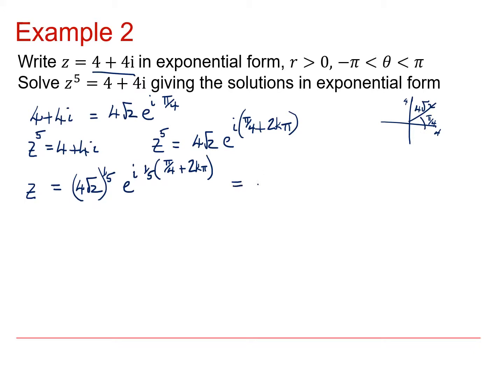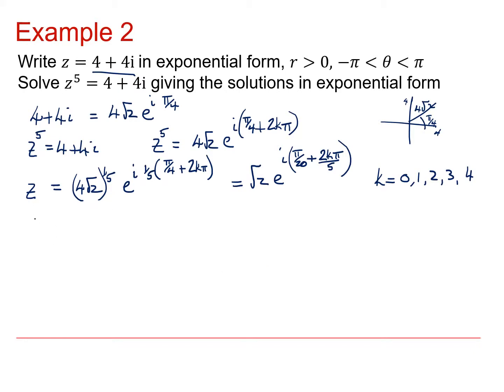And that turns out to be root 2 e to the i pi by 20 plus 2k pi by 5, and that's for k values 0, 1, 2, 3, and 4.